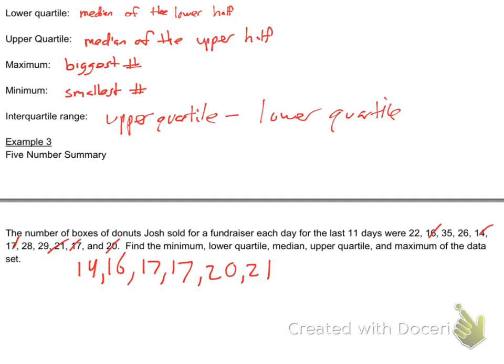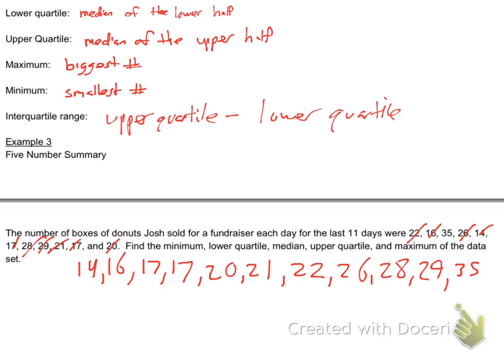I almost skipped that one. 21. 26. Uh-oh. Where's 22? Oh, 22 is the first one. Now 26. 28. 29. And 35. 1, 2, 3, 4, 5, 6, 7, 8, 9, 10, 11. I have all 11.